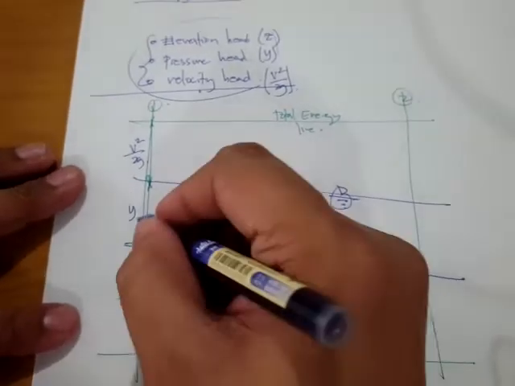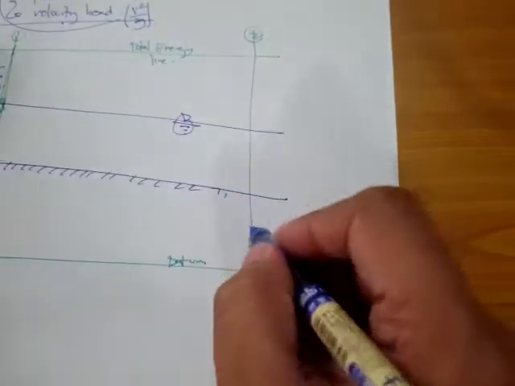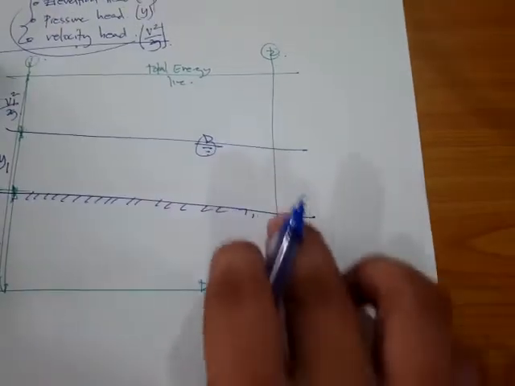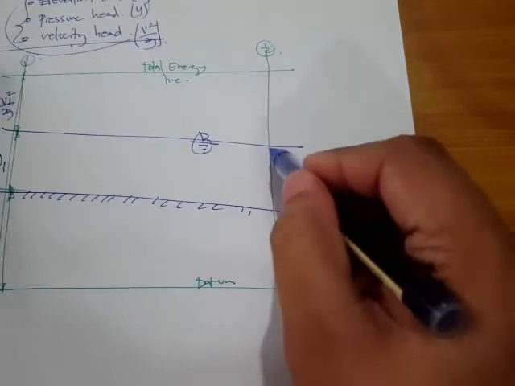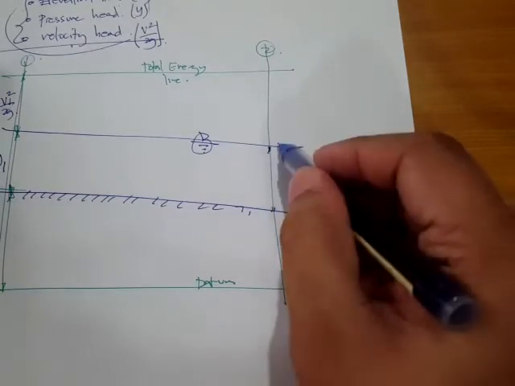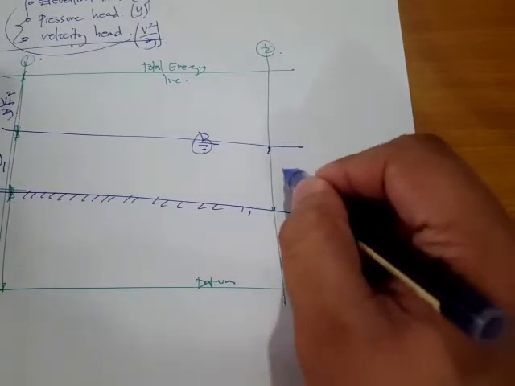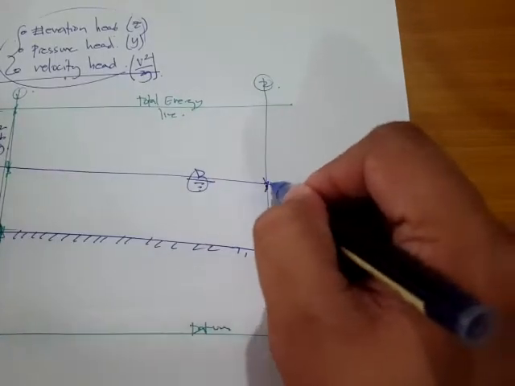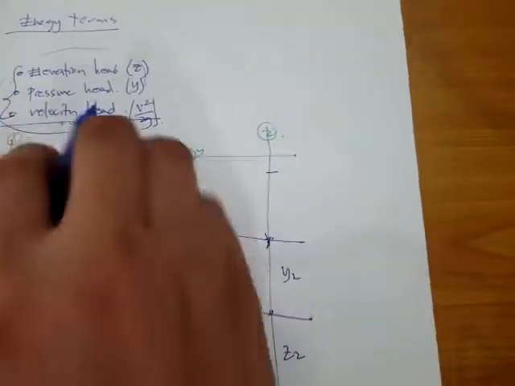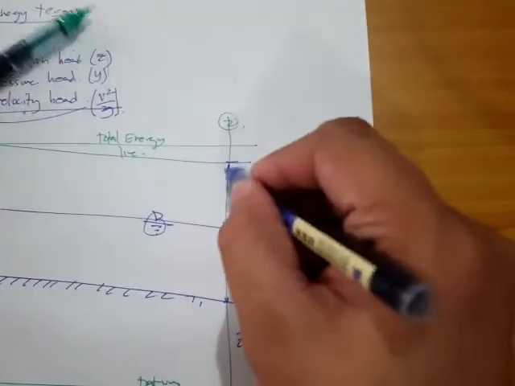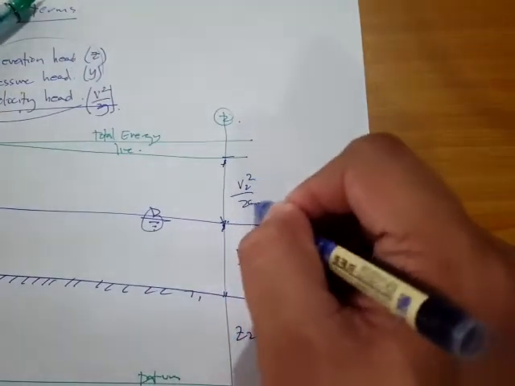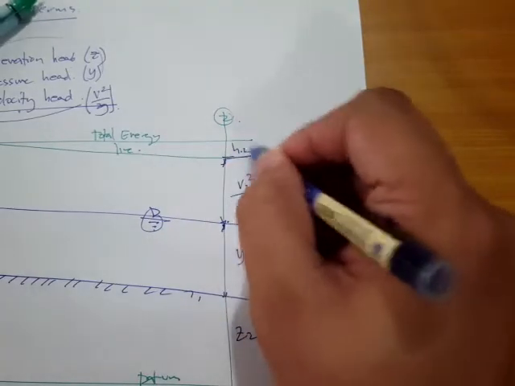Therefore, if there's 1 and 2, then you should write subscripts: z sub 1, y sub 1, v1. This portion from the reference to the bed bottom is our elevation head, and from the bed bottom to the top surface is our pressure head, y sub 2. If we want to take into account the losses, then here's going to be our v2 squared all over 2g, and here's going to be our head loss.